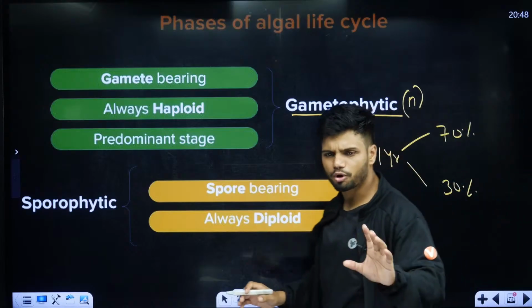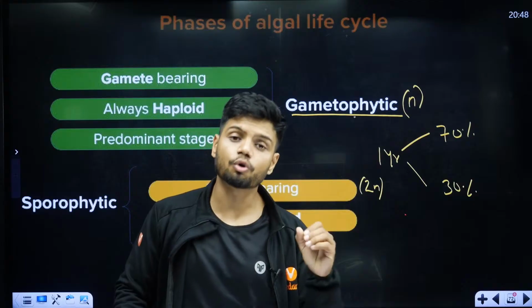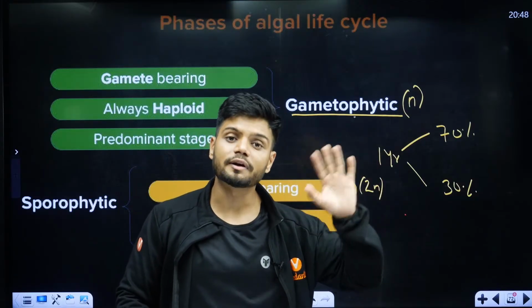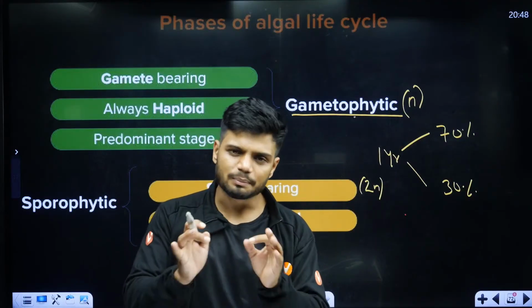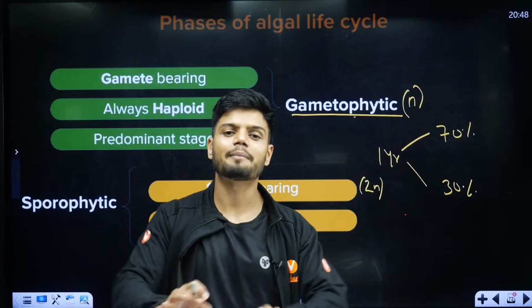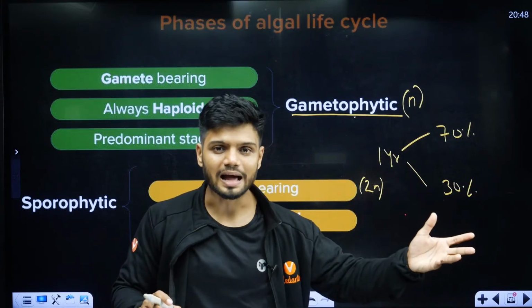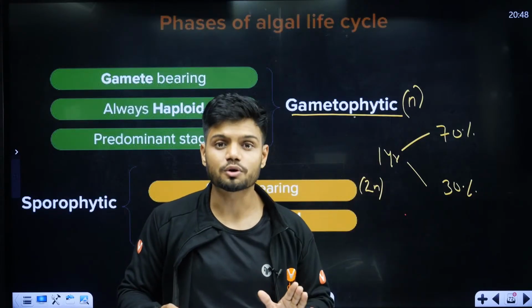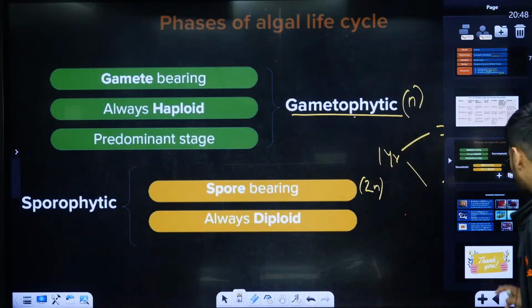You will understand more about sporophyte and gametophyte in bryophytes, when I teach that, it will be more useful there, but here not so much. Just remember right now that algae are haploid in general. The algae you see outside with your eyes, in the soil or on the water, are generally haploid because they are gametophytic in nature, always gametophytic, students.